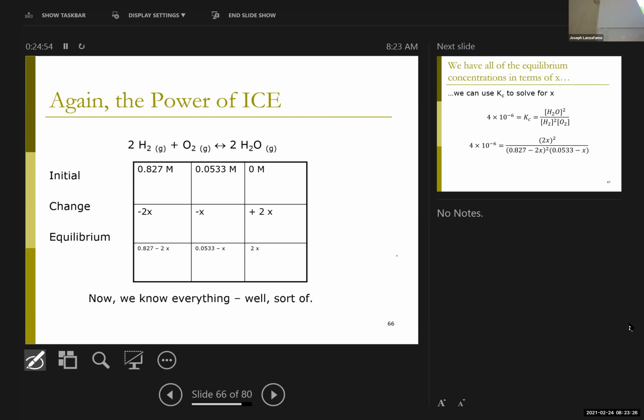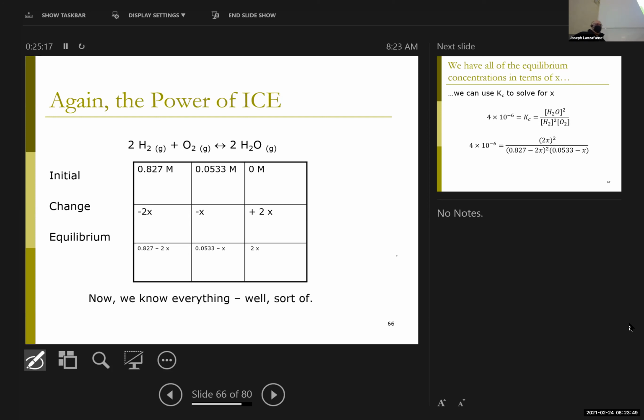So I knew I had 0.827 molar hydrogen. I'm going to lose 2x. That leaves me with 0.827 minus 2x. All right. I know I started with 0.0533 molar oxygen. I'm going to lose x. So I end up with 0.0533 minus x. And of course, I started with no water and I made 2x.